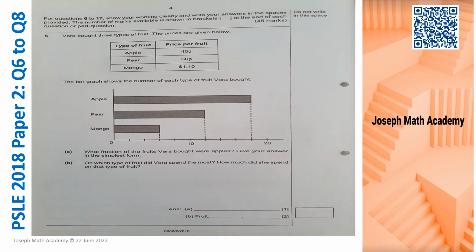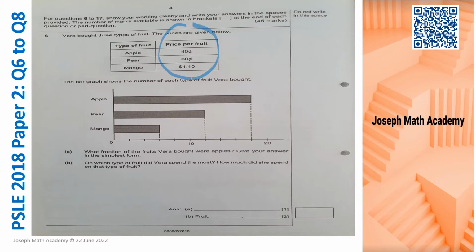First one. Question 6. Vera bought 3 types of fruits and the prices are as shown. She bought apple, pear, and mango. The first table showed the price of each fruit.